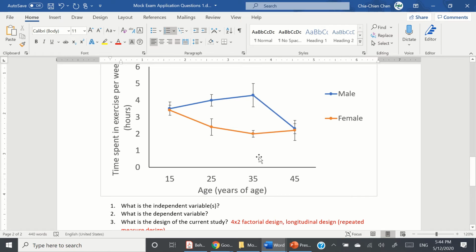You can see the disparity at 25 and 35 in males versus females; the males are spending so much more time. So you can safely say that just by looking at the graph, there is most likely also an overall main effect of sex on the time spent exercising per week.